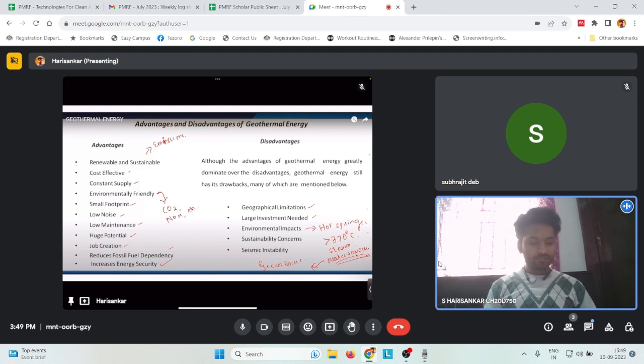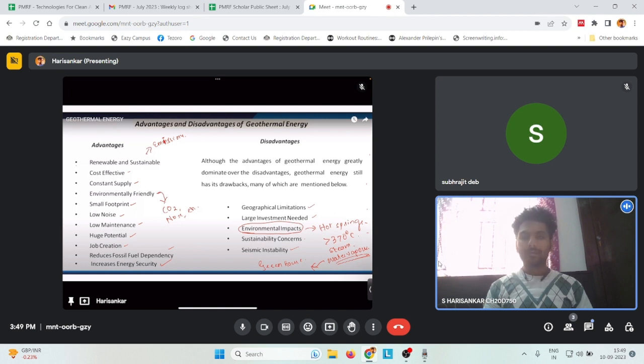And yeah, so sustainability concerns and seismic instability, because we are utilizing something that comes from below the earth's surface, so seismic instability can also be a concern. But yes, this environmental impact is something that we'll probably need to refer a bit into the lectures by Professor Mandal.